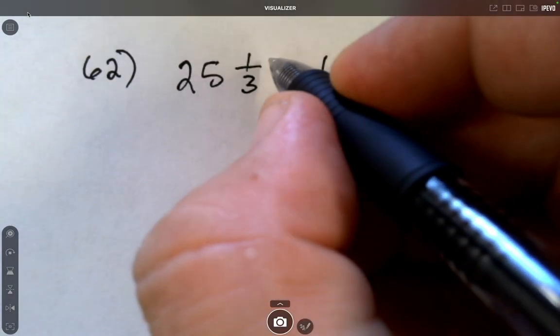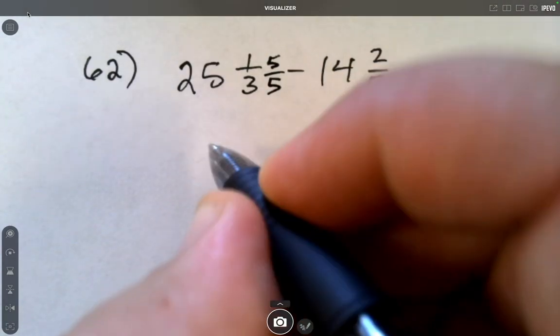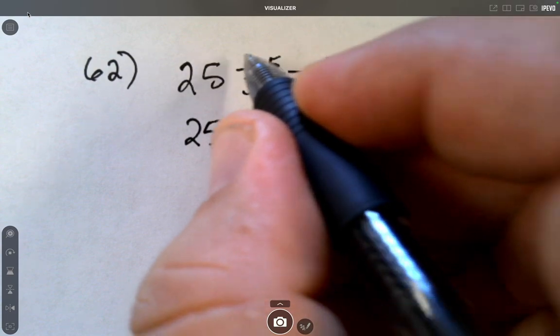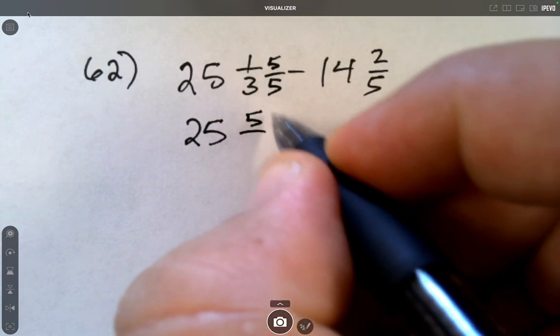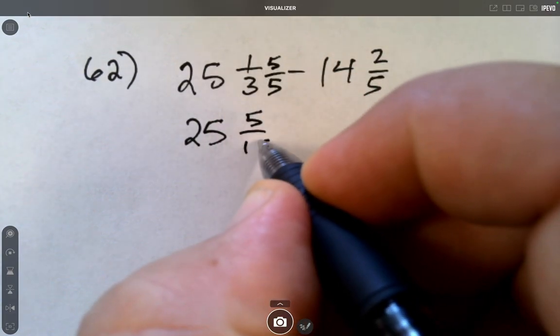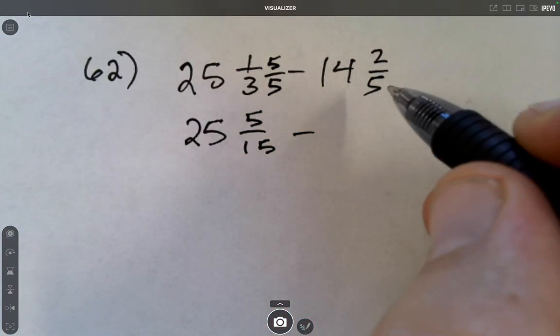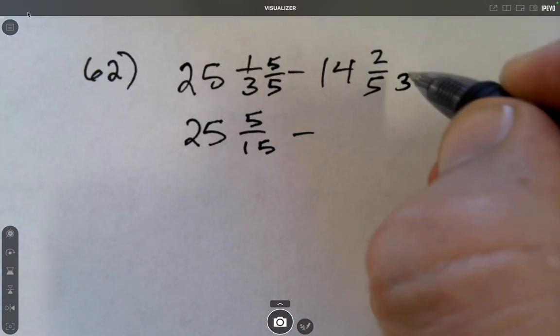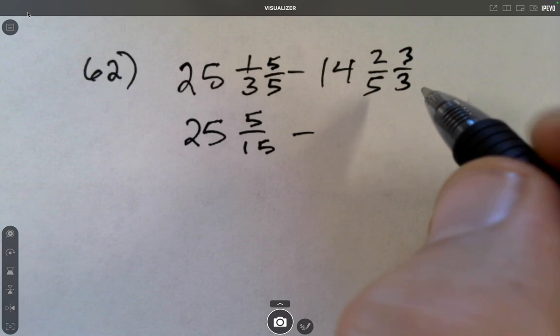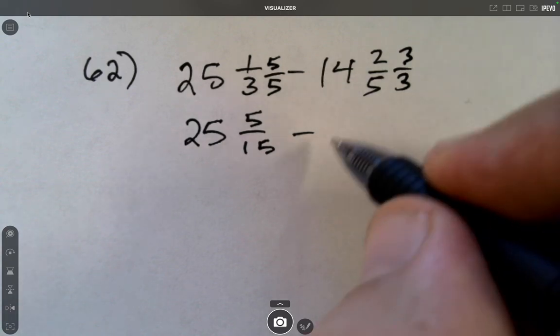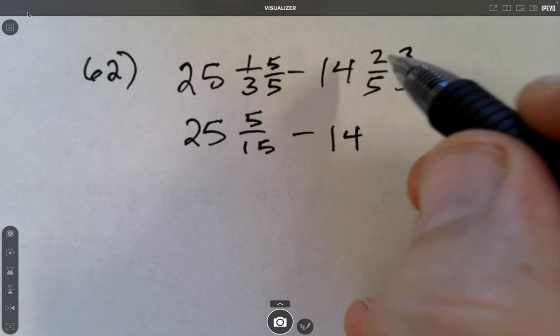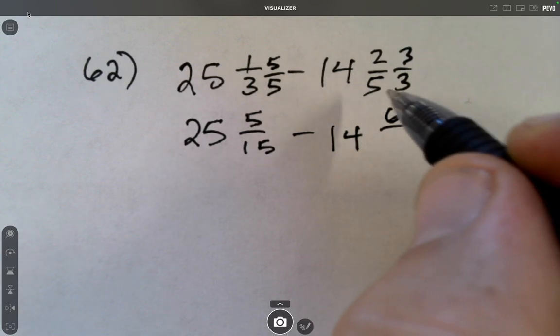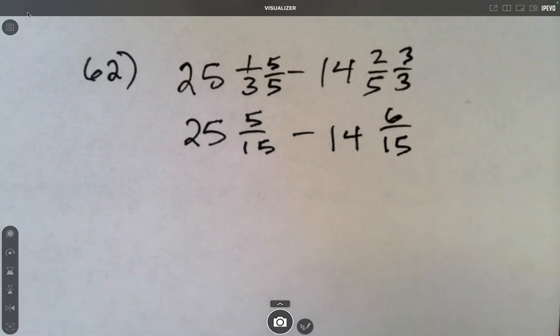So here we multiply the top and bottom by 5: 1 times 5 is 5, 3 times 5 is 15. To make 5 into 15, I'll multiply the top and bottom by 3. Whatever you do to the bottom, you have to do the same to the top. 2 times 3 is 6, 5 times 3 is 15.